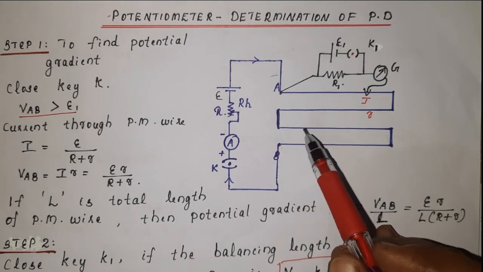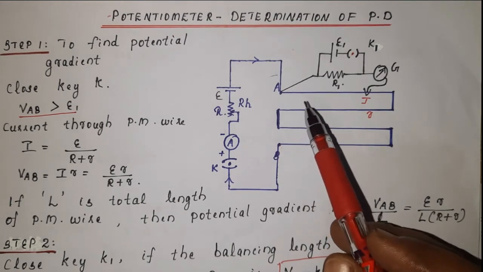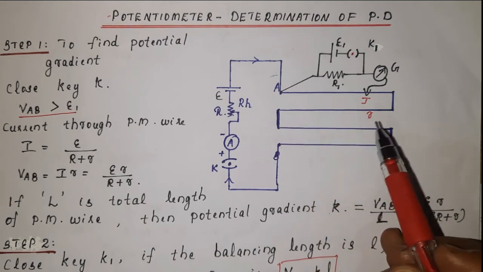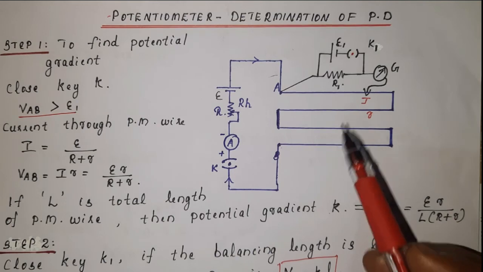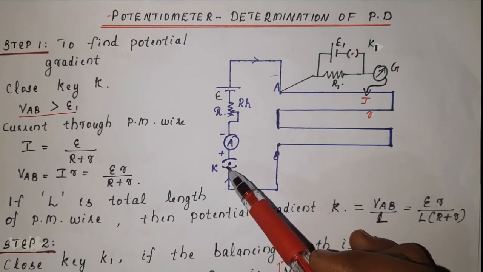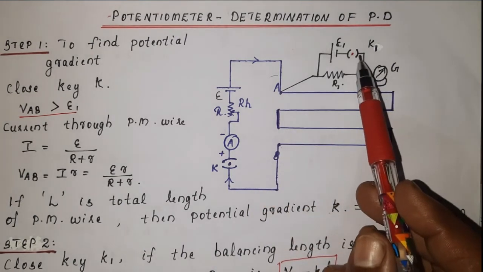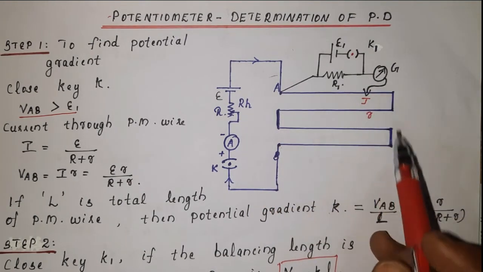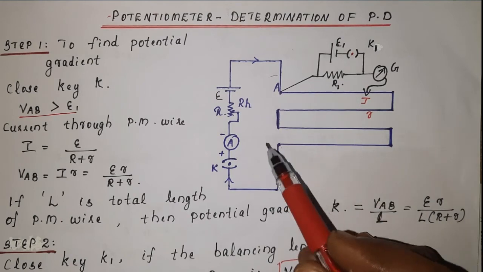So this experiment has got two parts. First part is to find the potential gradient. To find the potential gradient, first we need to close the key K without closing K1. So current will be passing through the potentiometer wire.